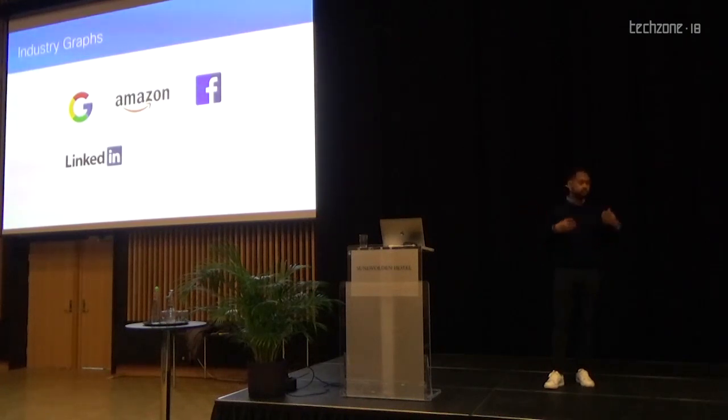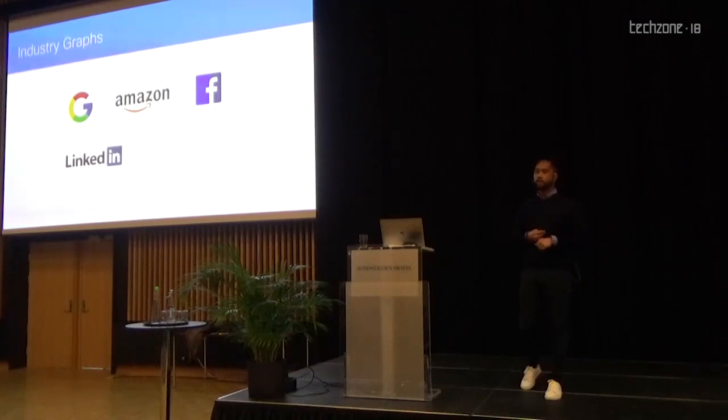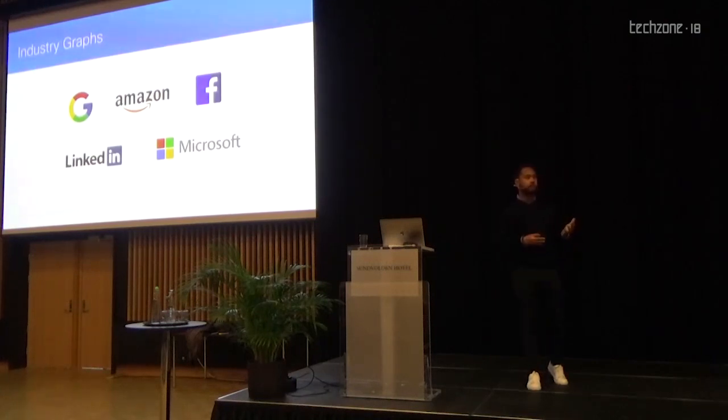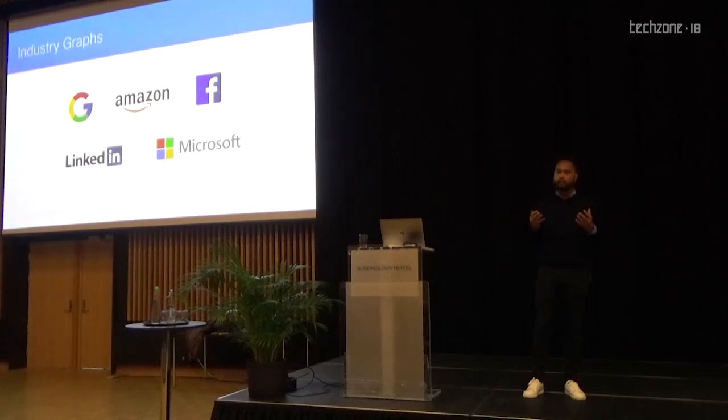LinkedIn, a graph for the professional workforce: how do I tie skills and abilities? And then finally, Microsoft has one. What they're trying to do is get into the world of productivity, getting all their applications working together and making you more productive.